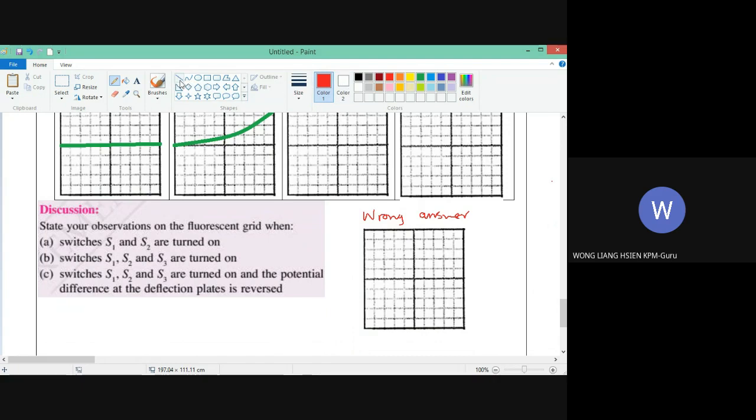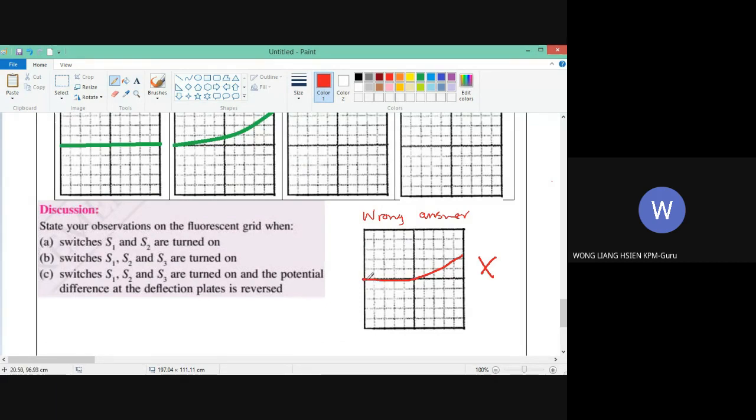If you draw the line so that the cathode ray already goes into the electric field but is still straight, and then only slowly turns and bends out like this, this is wrong, because the moment it goes in, it must start to bend already.